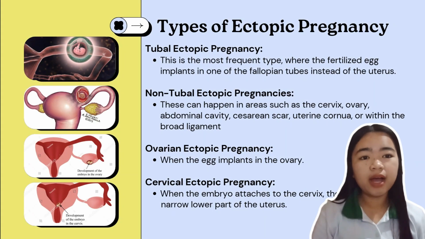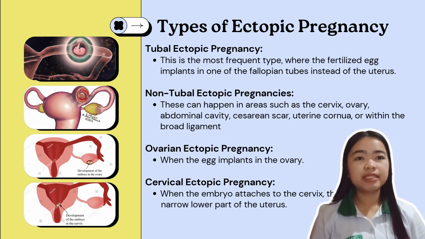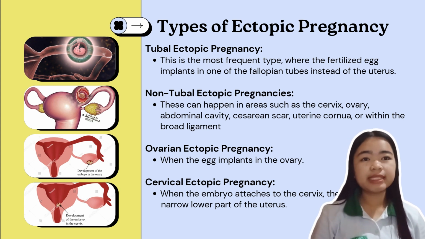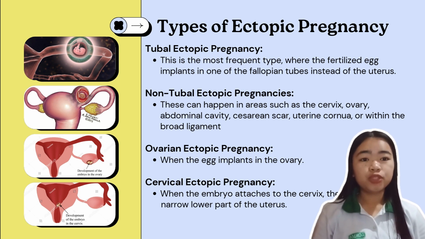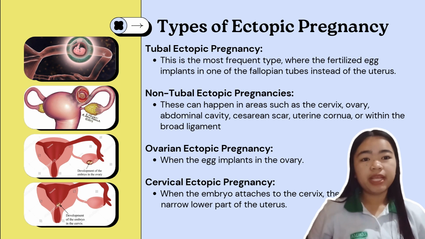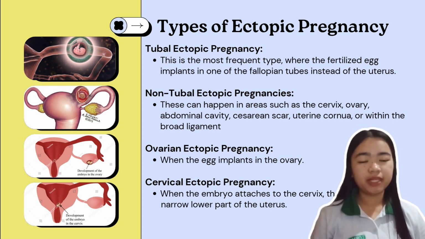And then we also have the types of ectopic pregnancy. First is the tubal ectopic pregnancy. This is the most frequent type, where the fertilized egg implants in one of the fallopian tubes instead of the uterus. And then we also have the non-tubal ectopic pregnancies.